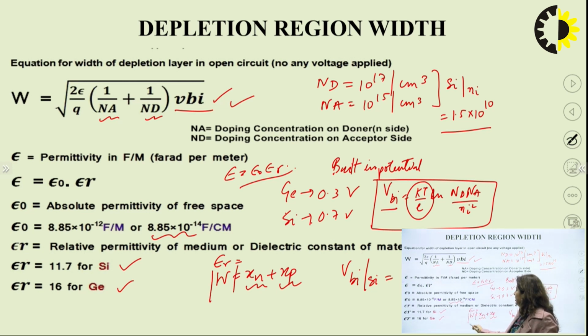Here epsilon is the permittivity, epsilon naught multiplied by epsilon r. Epsilon naught is the absolute permittivity of free space, equal to 8.85 into 10 to the power minus 12 farad per meter, or 10 to the power minus 14 farad per centimeter. The value of epsilon r is 11.7 for silicon and 16 for germanium. On putting in the values, you can easily find the built-in potential and the space charge width.